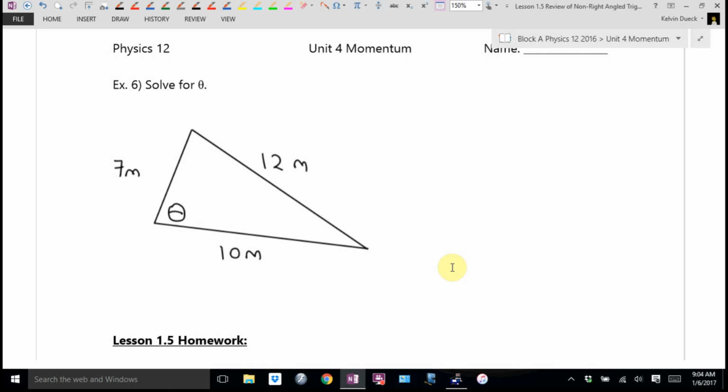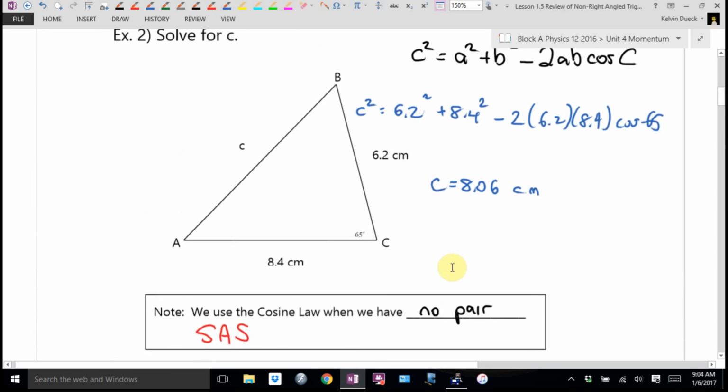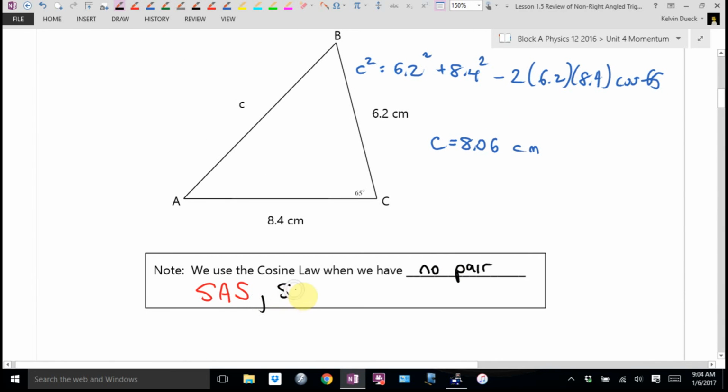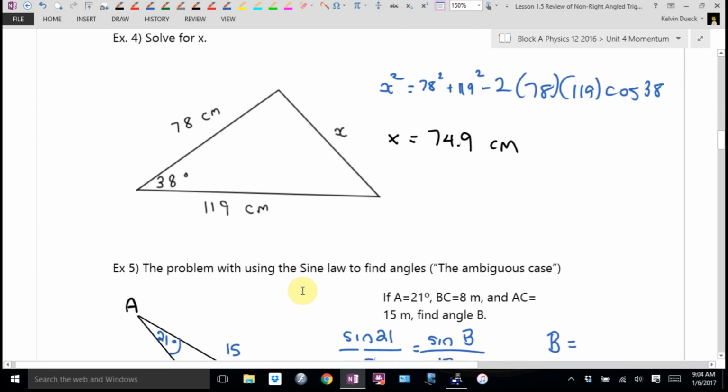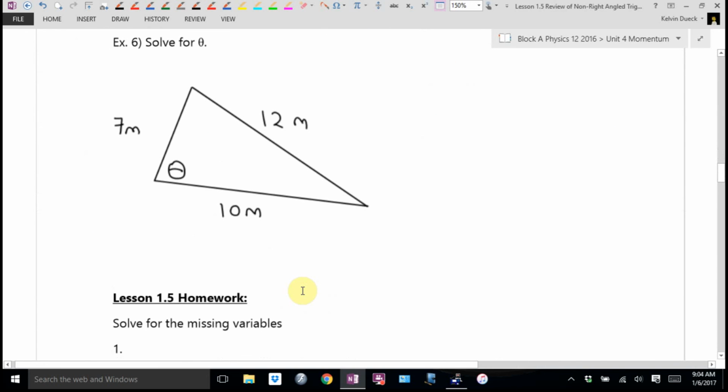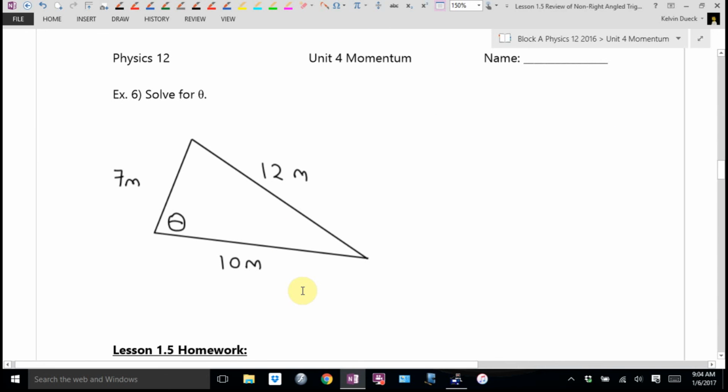The other time you use the cosine law is when you have three sides and no pair. If you want to, you could say when you have side, side, side. But I just know if there's no pair, it's not the sine law. The only other thing we've got is the cosine law. So what angle do I want to find? Theta.